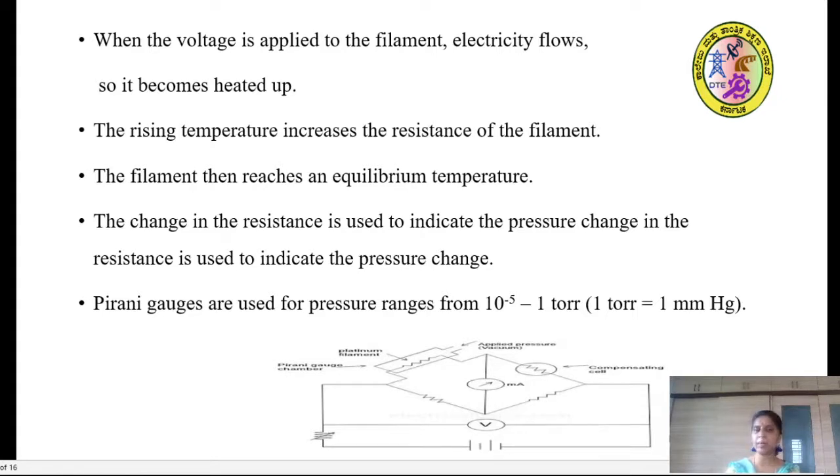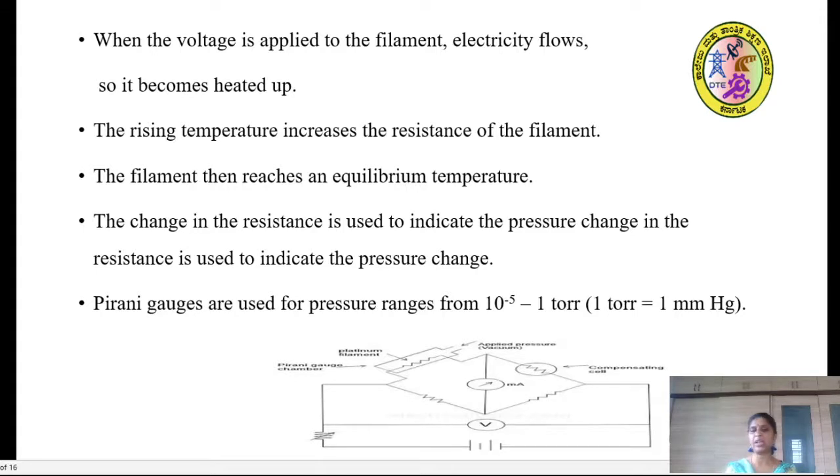When the voltage is applied to the filament, electricity flows, and because of the thermal conductivity property, the filament gets heated up. The rising temperature upon the flow of current increases the resistance of the filament. The filament then reaches an equilibrium temperature.